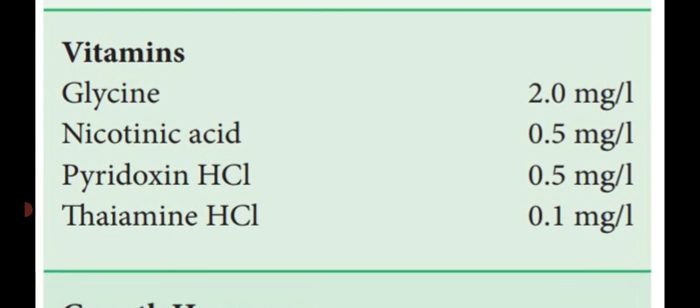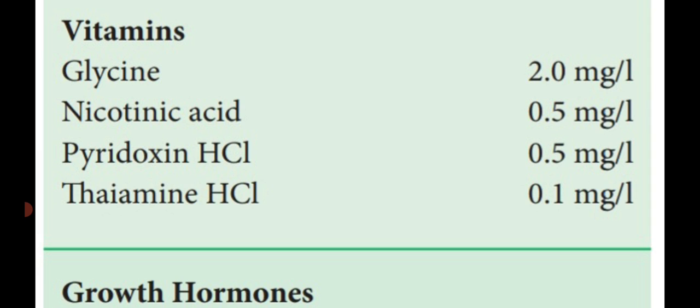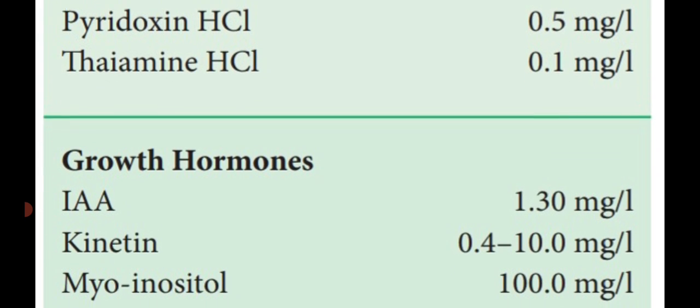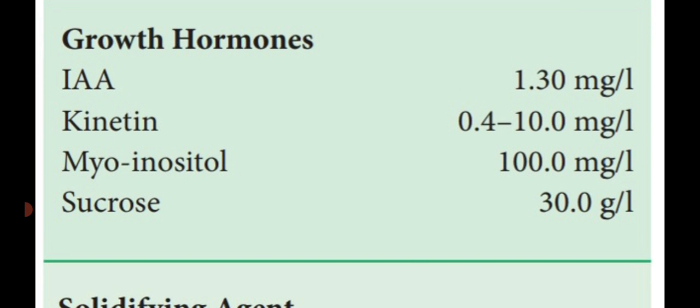Then the vitamins: glycine 2.0 milligram, nicotinic acid 0.5 milligram, pyridoxine HCl 0.5, thiamine HCl 0.1. So these are all the vitamins. This is also an important 2-mark question. Then finally, growth hormones: auxin, indole acetic acid, natural auxin 1.30 milligram, kinetin, that means cytokinin, 0.4 to 10.0 milligram, myoinositol 100 milligram, sucrose 30 gram.